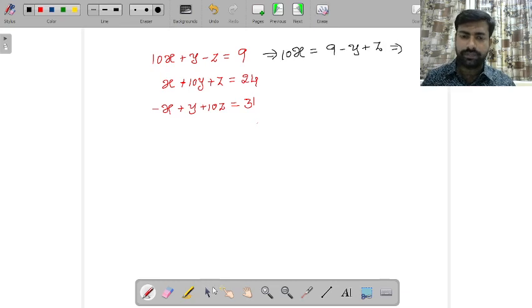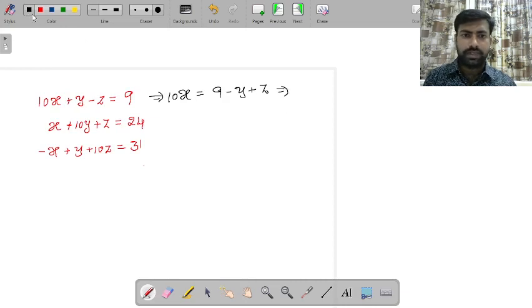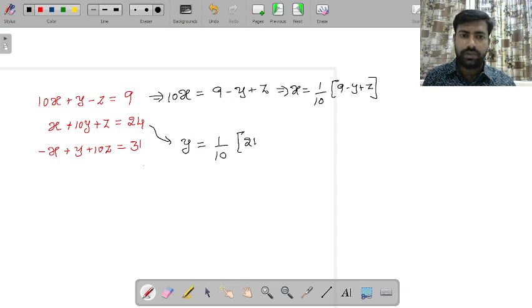This implies x equal to 1 upon 10 times (9 minus y plus z), right? Similarly, you can write y from the second equation. Be careful: 1 upon 10 times (24 minus x minus z), and from the next equation you can write z: 1 by 10 times (31 plus x minus y).